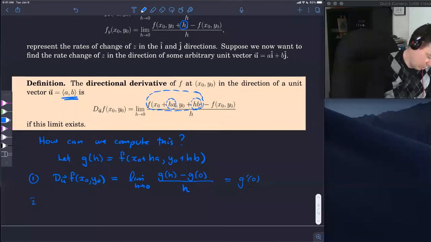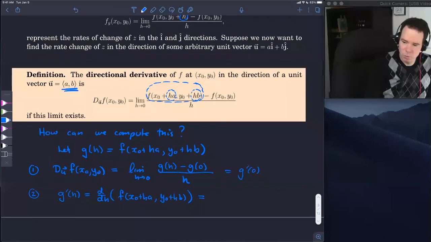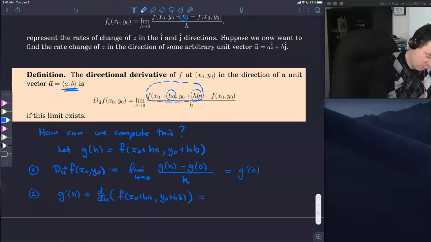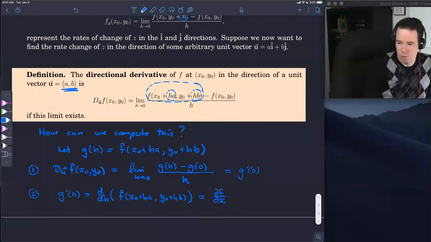The second observation is, if I'm interested in g prime of 0, then let's compute it. What is the derivative g prime of h, first of all? That's d/dh of this expression. And now this is just a chain rule problem because I want to differentiate this function with respect to h. That means it's the derivative of the function with respect to x times the derivative of the x function with respect to h.